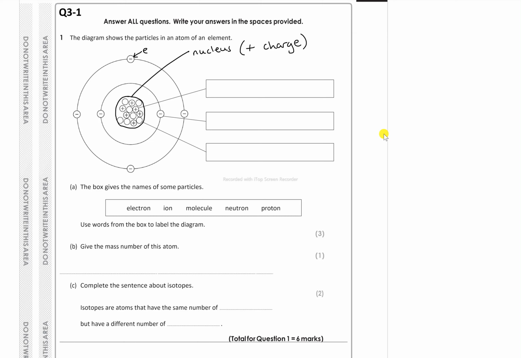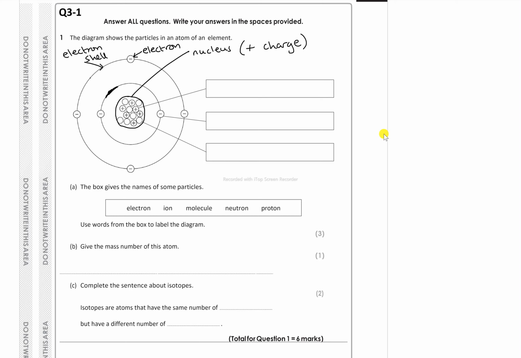That there is an electron. This is an electron shell. This is the outer electron shell. There's one here as well. Here, this one.